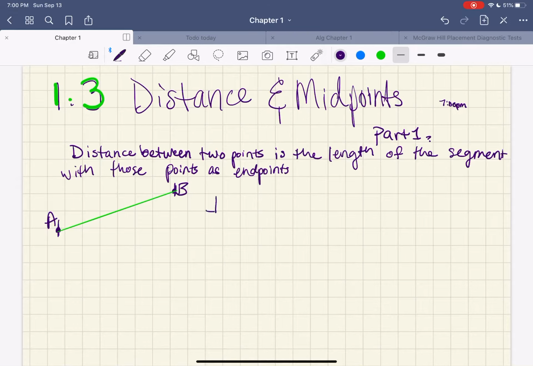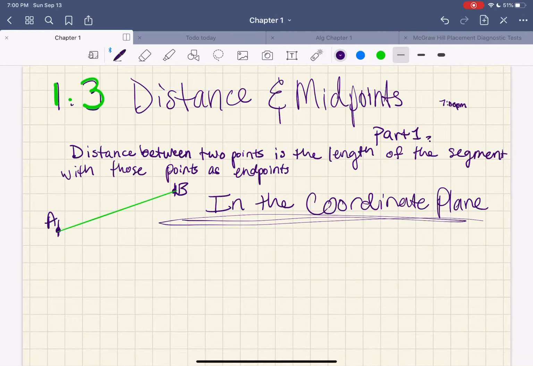However, in the coordinate plane, we can calculate distance. And this is the very important way that we need to know to calculate distance, okay?